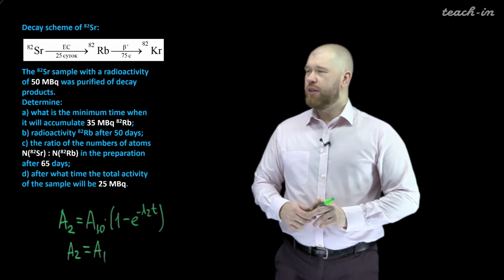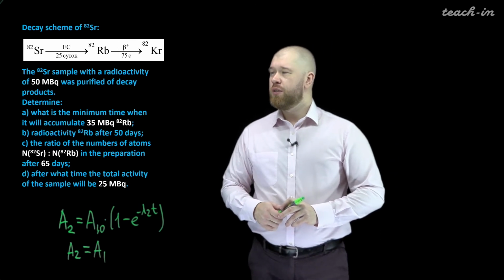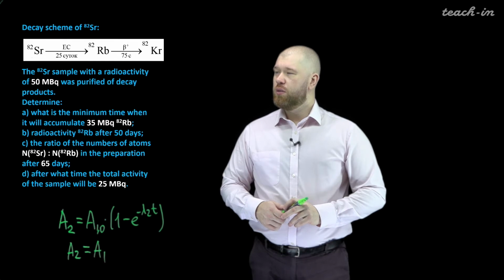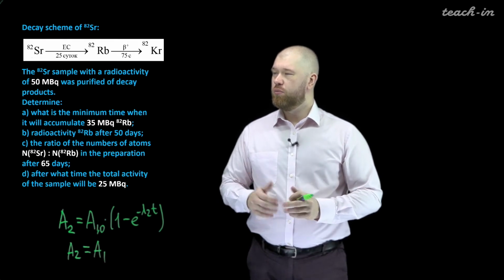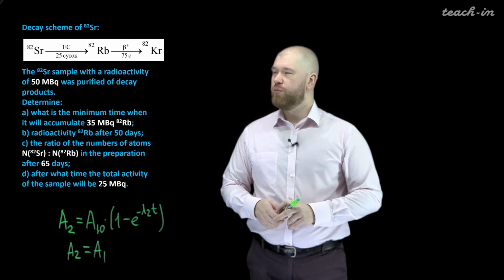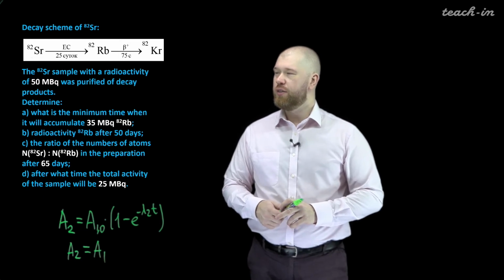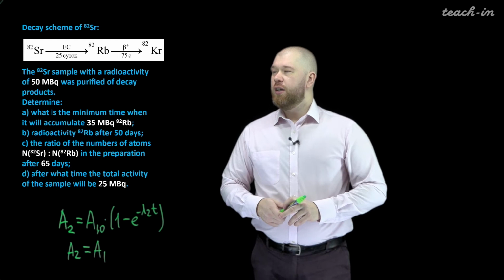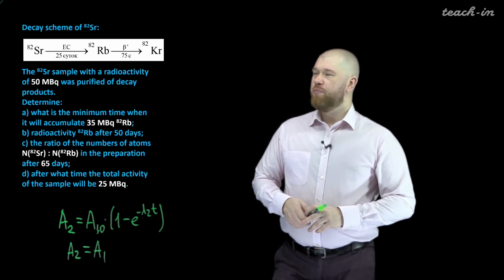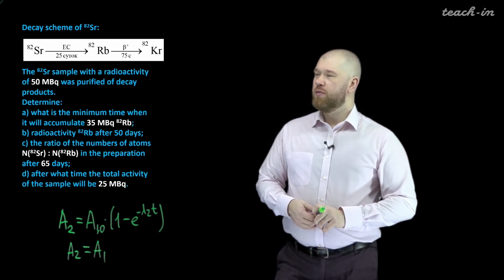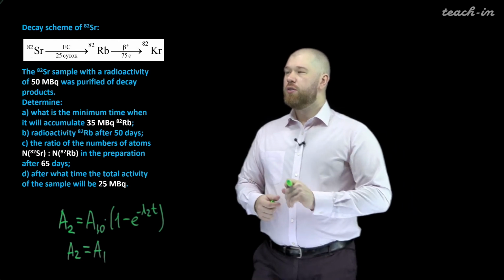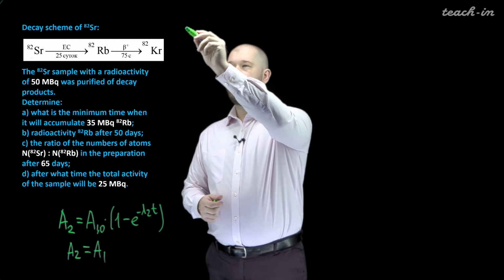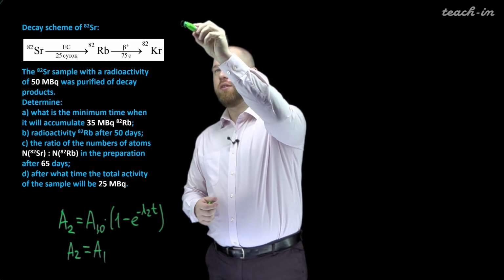We should calculate activity of rubidium after 50 days and calculate the ratio between atoms of these two radionuclides after 65 days, and determine the time when the total activity of the sample will be equal to 25 megabecquerel. So the first task is quite simple.